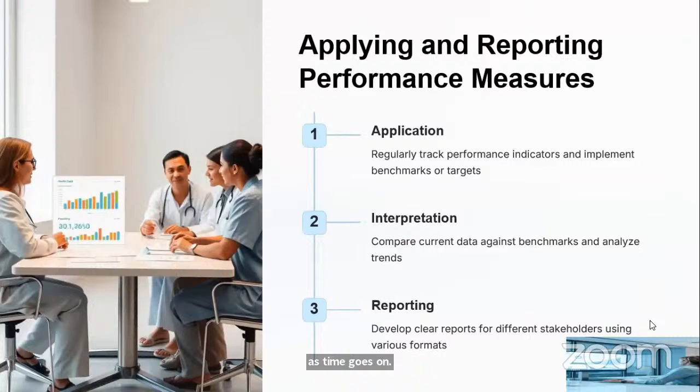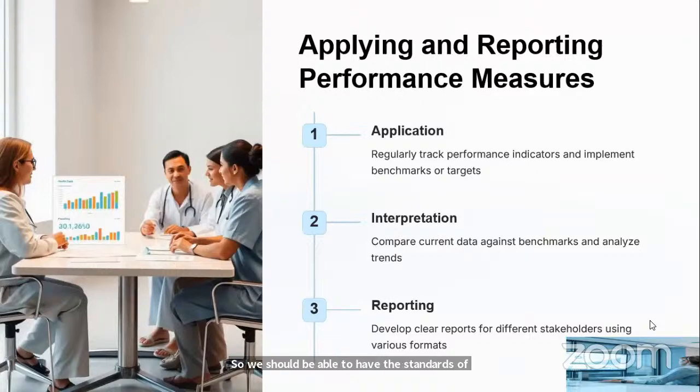Now, interpretation is very, very important for us to be able to report properly, right? How do we do the interpretation? We interpret the indicators by comparing the available data against either benchmarks or some data that are there or industrial standards. For instance, we are in the health industry, so we should be able to have the standards of the health industry.